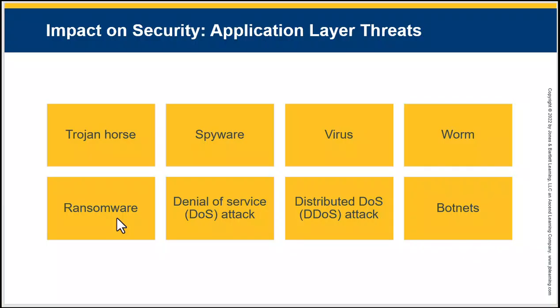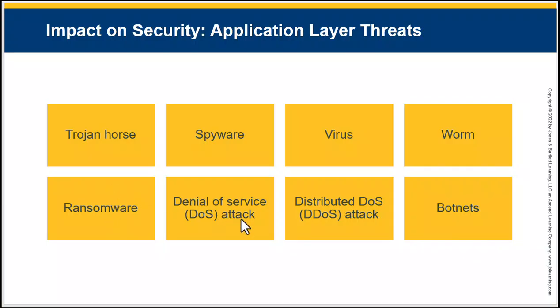A lot of times companies that get hit by ransomware do not want anybody to know about it. So a lot more ransomware attacks happen than you are made aware of, because these are generally kept on the QT; they don't want their customers to know that they've been compromised.